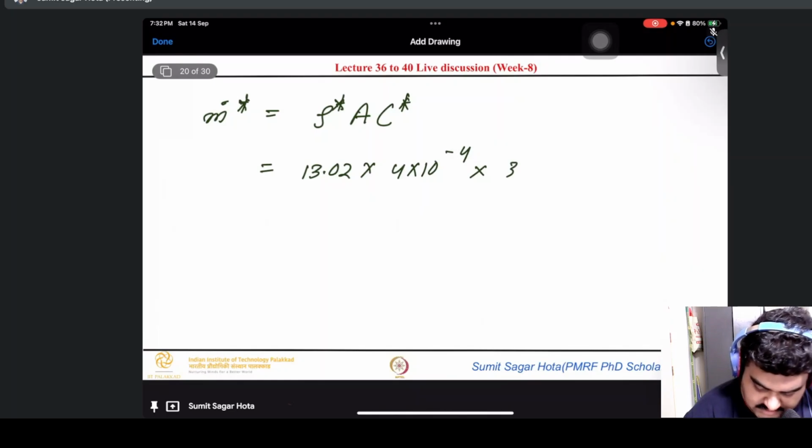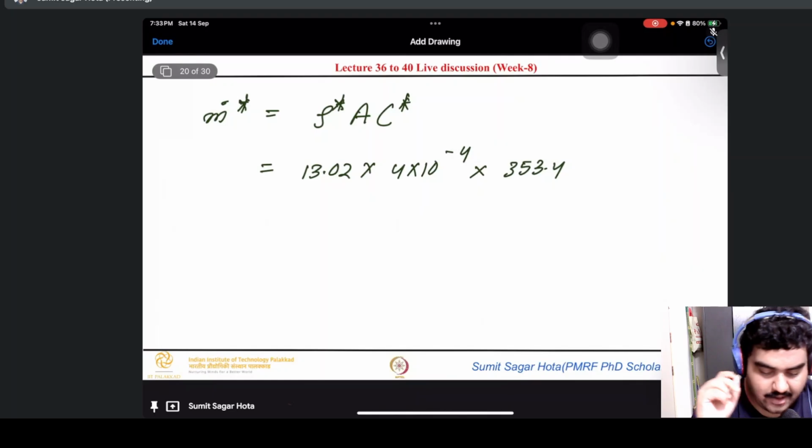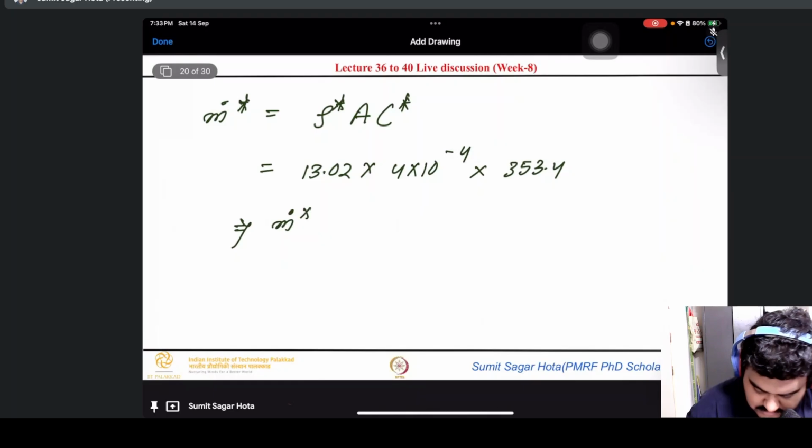Then the velocity is 353.4. So what is the m dot star? 1.841 kg per second.